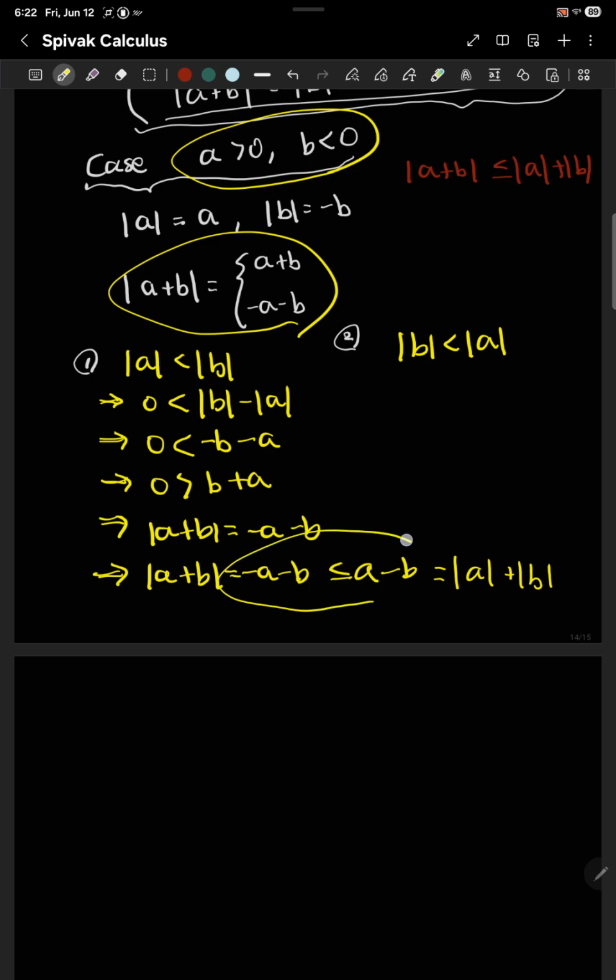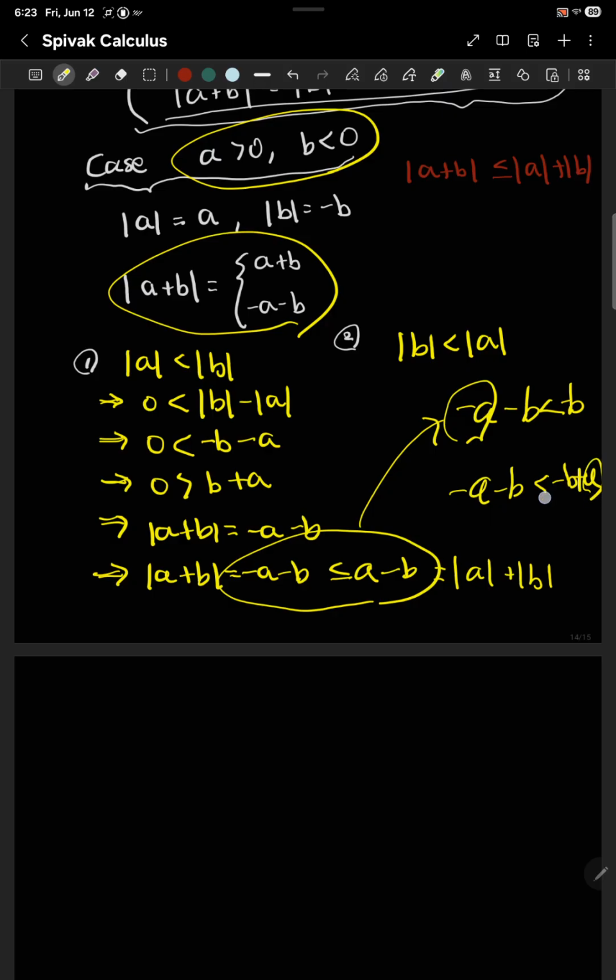So negative A minus B is basically less than minus B, because we're subtracting the total value from minus A minus B. So it's less than negative B. And if we add A to it, then obviously this whole value is less than minus B plus A, right?